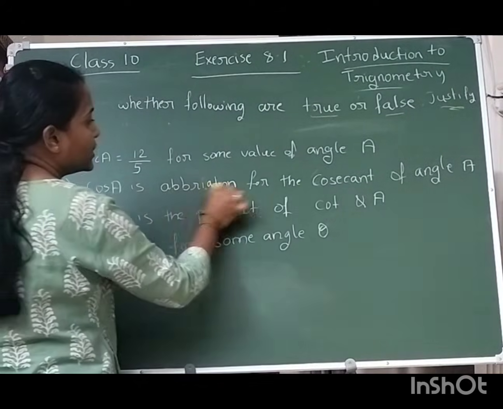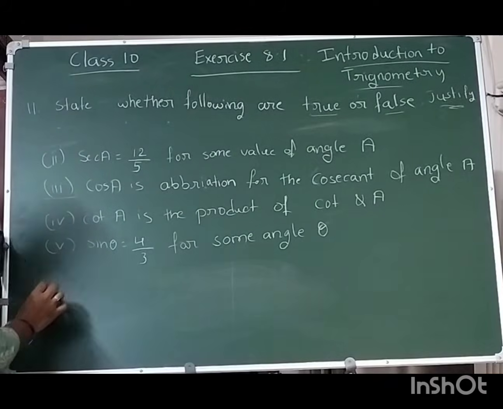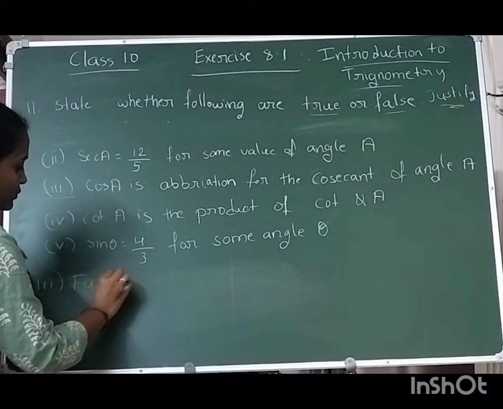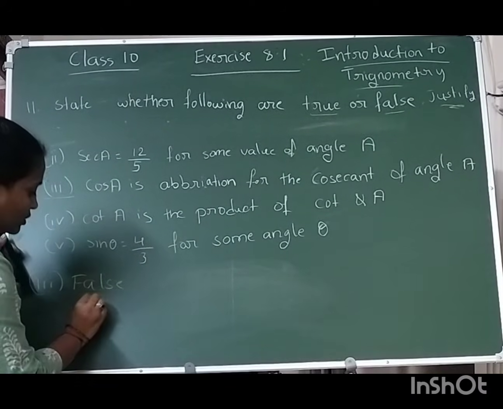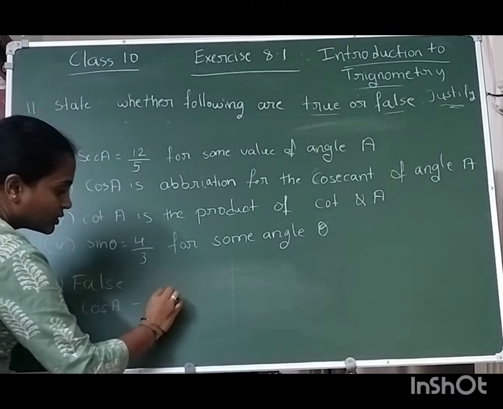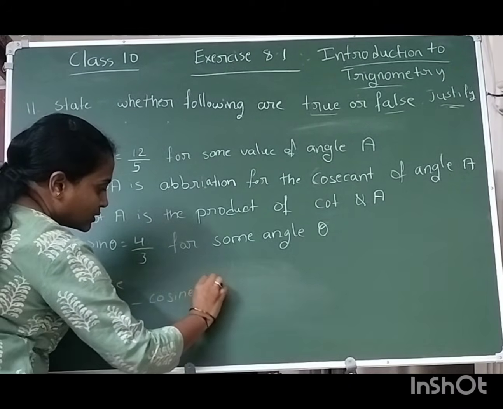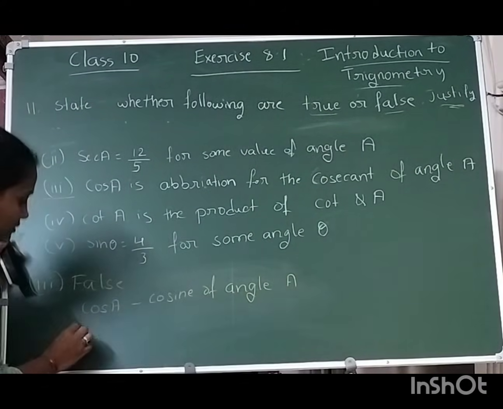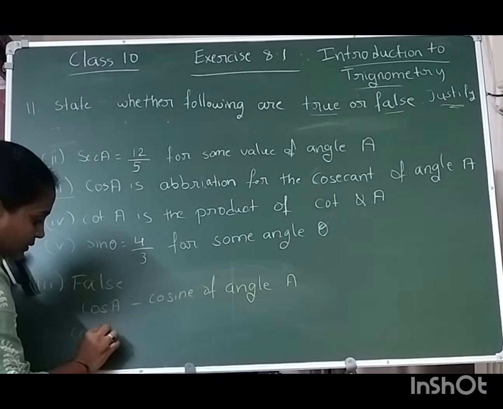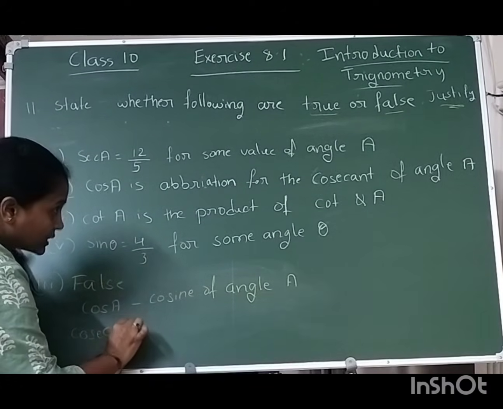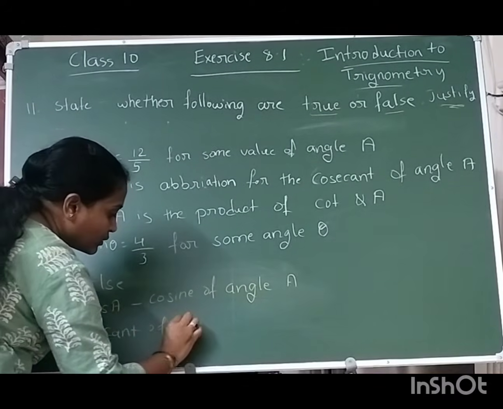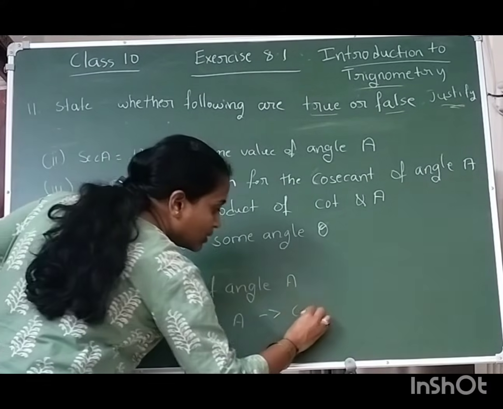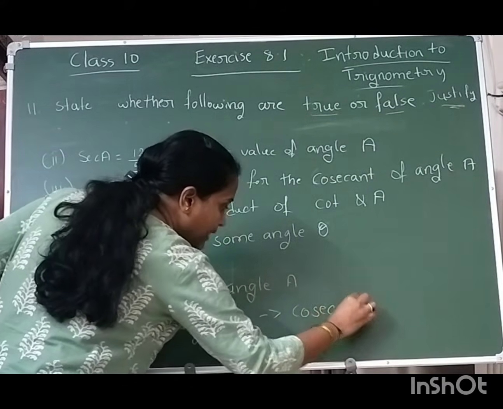So it's given cos A is the abbreviation for the cosecant of angle A. We know it is false because cos A is the abbreviation for the cosine of angle A, and cosecant of angle A is represented by cosec A. So the given statement is false.